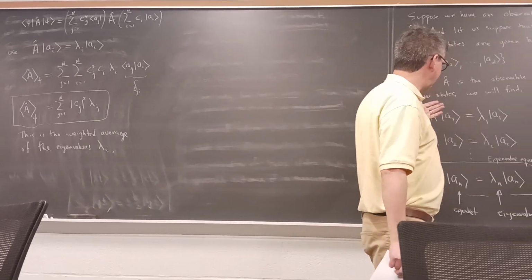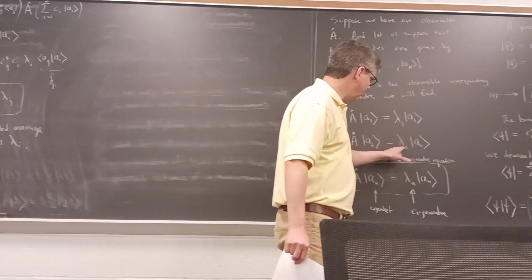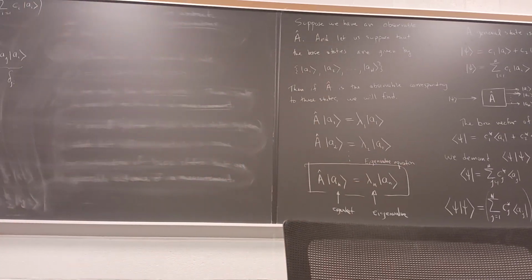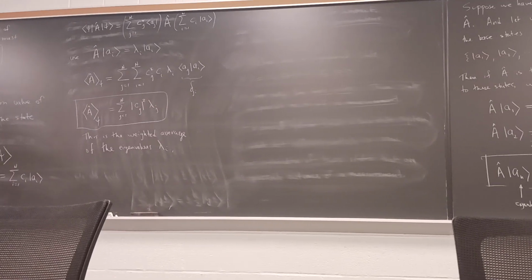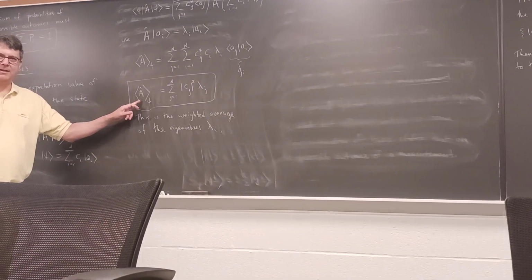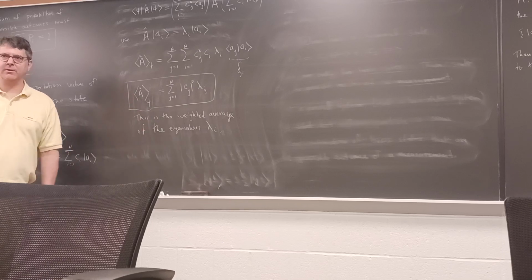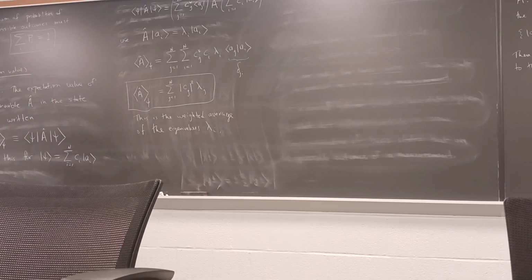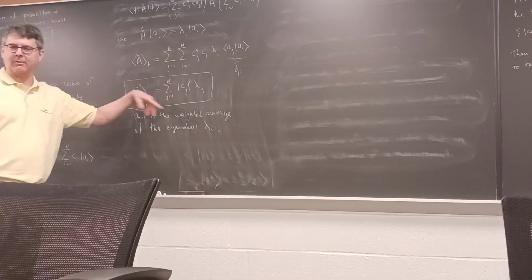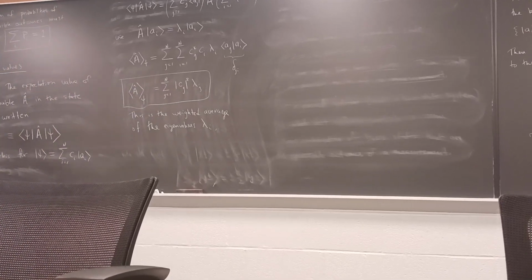If I take an actual measurement, I only get one of the states, so it means I only get one of the eigenvalues. The expectation value here is the average. It's that weighted average over the states, and it depends on the particular coefficients that were part of the state.